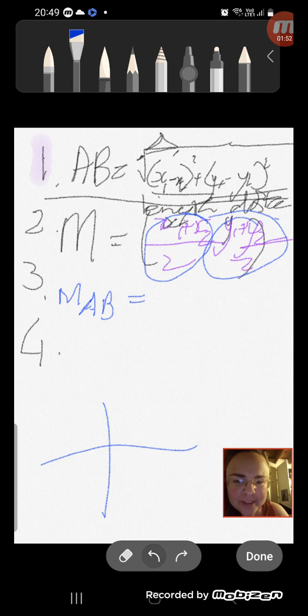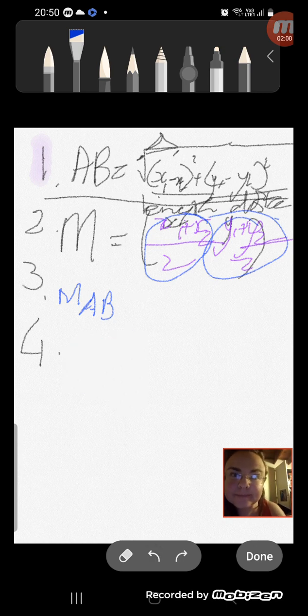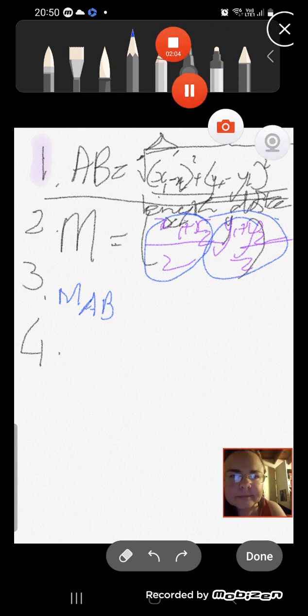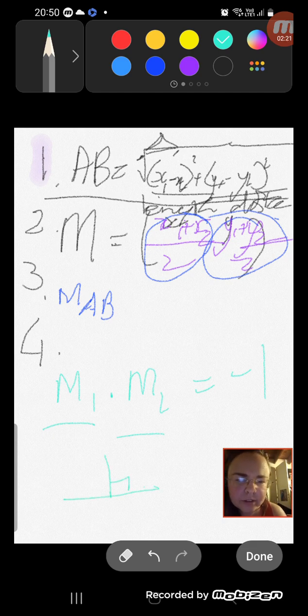Sorry. Okay, so next one, very importantly, because it's the one we neglect sometimes, is M1 times M2, the gradient of line 1 times the gradient of line 2 is minus 1 if it is perpendicular or if there's a 90-degree angle.